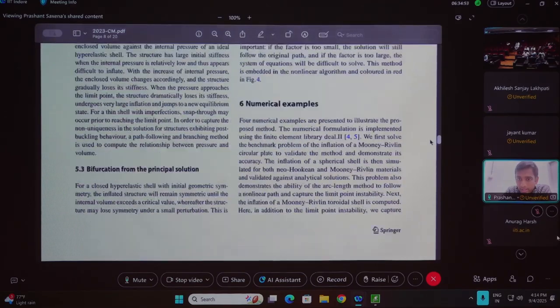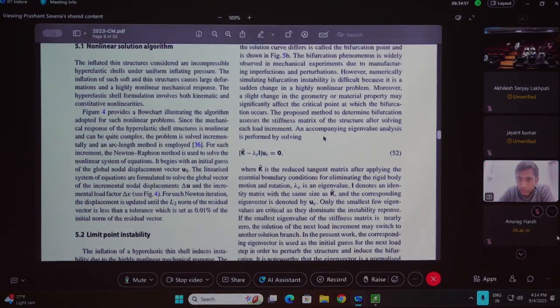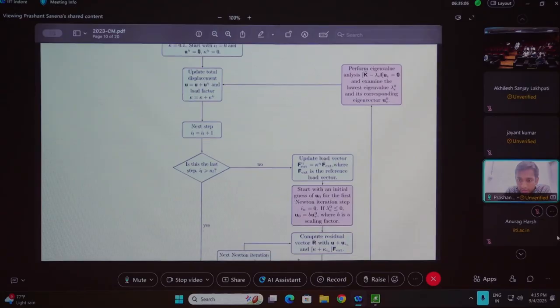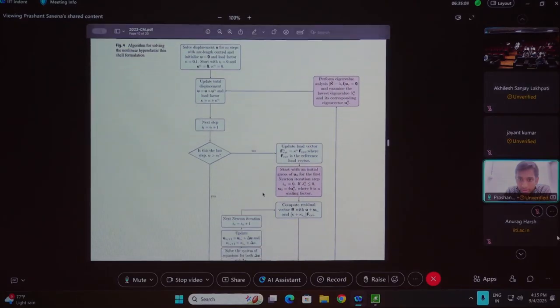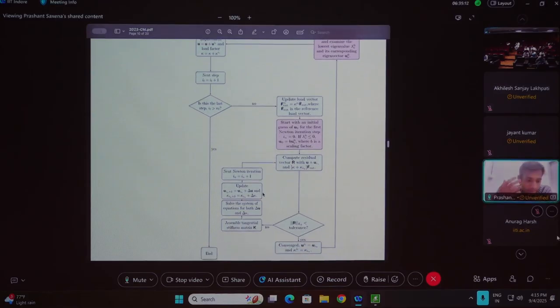But this is the central idea: you look at this eigenvalue problem and find the correct eigenvector, and then you can look at this entire algorithm that we have here for moving in the direction of bifurcation and trying to calculate the correct solution.